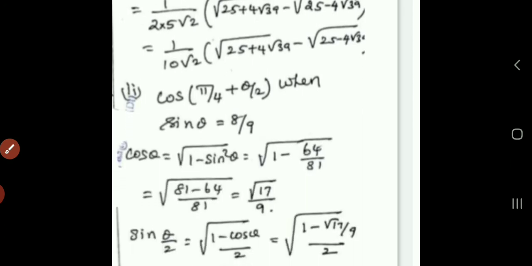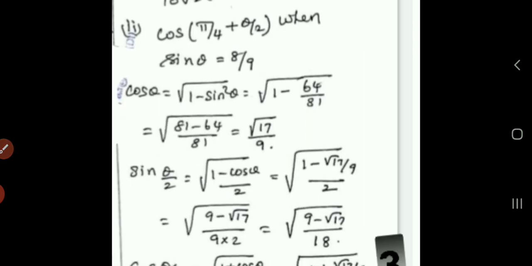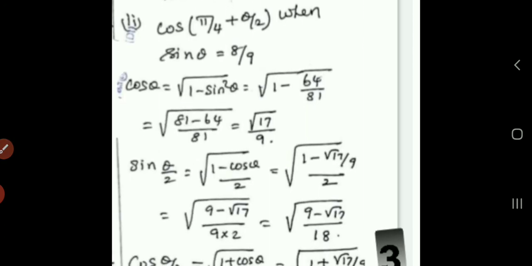And then we want to find the value of cos of (pi by 4 plus theta by 2) when sin theta equals 8 by 9. From this sin theta I want to find the value of cos theta. Cos theta equals root of 1 minus sin square. Here I want to substitute the value of sin theta.